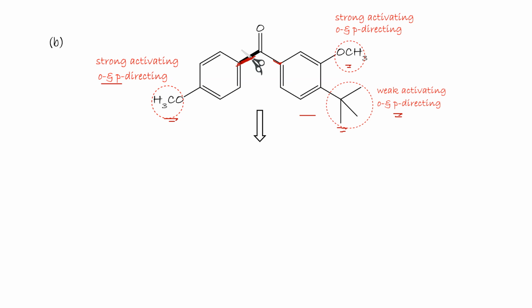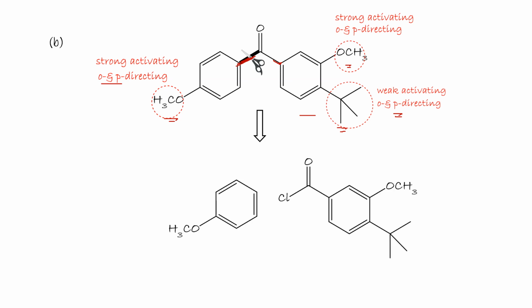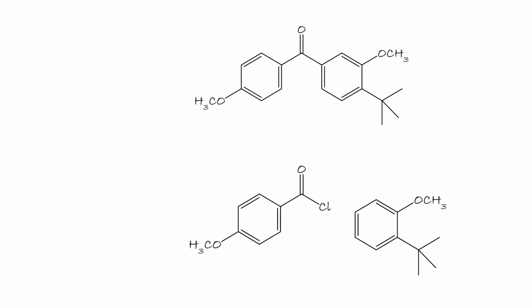Well, if we cut in here, we start with anisole and this acyl chloride, the reaction will go. If we cut the other way around here in this one, now this group will be also para, but it's not in control.